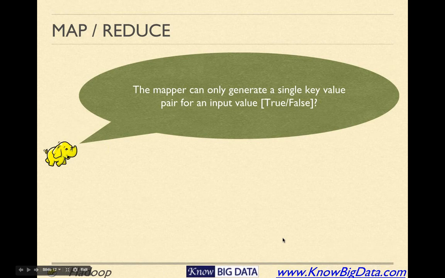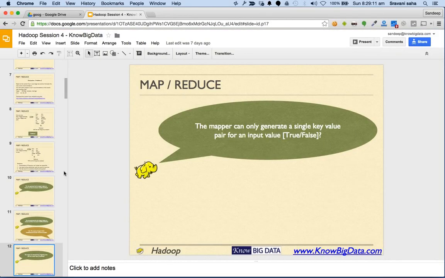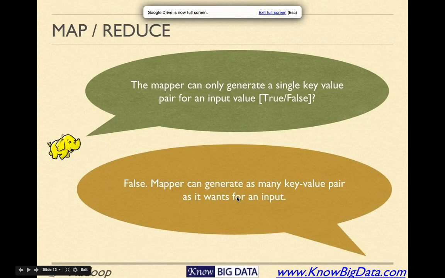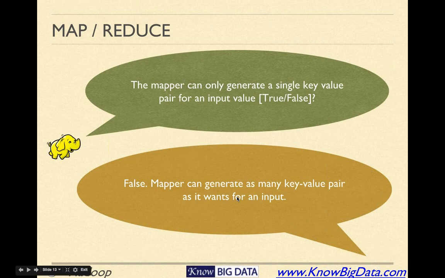So let me explain. The mapper can generate as many key value pairs as it wants. It is not restricted to generating only one key value pair.